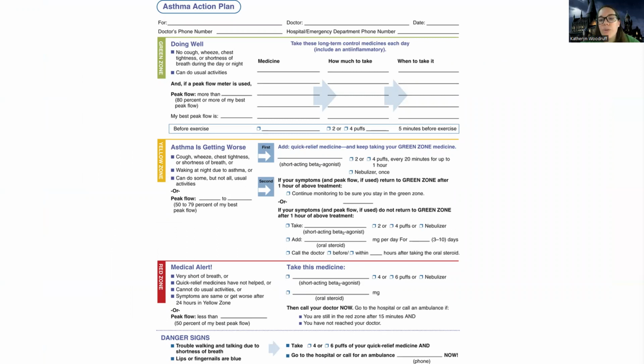Because the key here, the reason that they need these plans, because I haven't touched on this yet, is that as much as there are some people who live with asthma their whole life and don't have too many issues with it, I have seen so many young people die of anoxic brain injuries, which is where your brain is without oxygen. They're at home, they are not keeping up with their medicines, or they don't have their medicines, and their airway closes and there's no one there to help them.